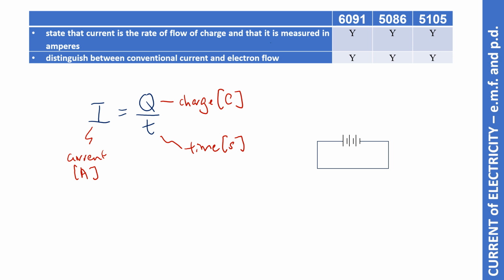So 1 ampere is equivalent to 1 coulomb of charge per second.